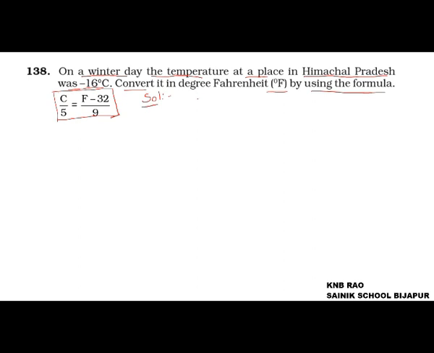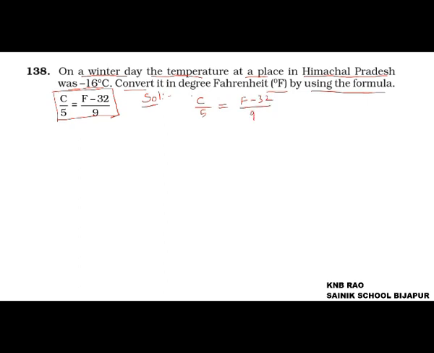So the formula is C upon 5 equals to Fahrenheit minus 32 upon 9.